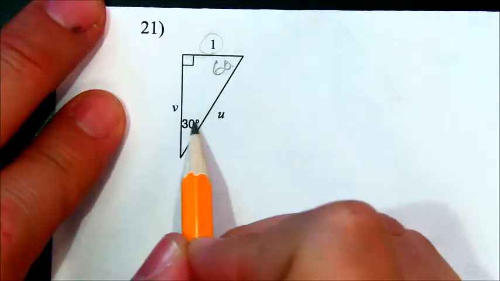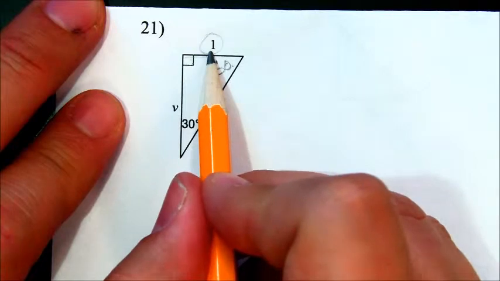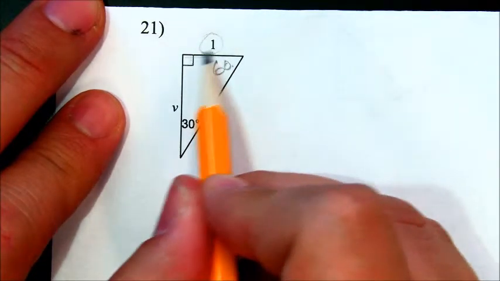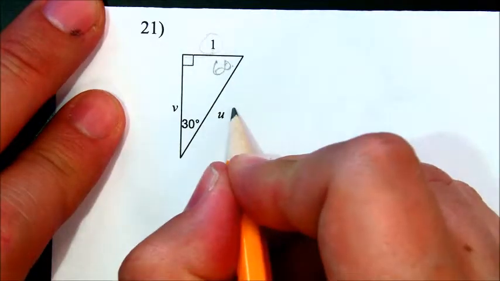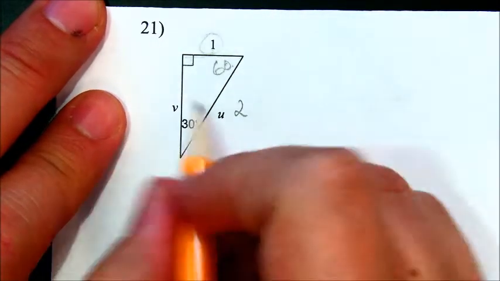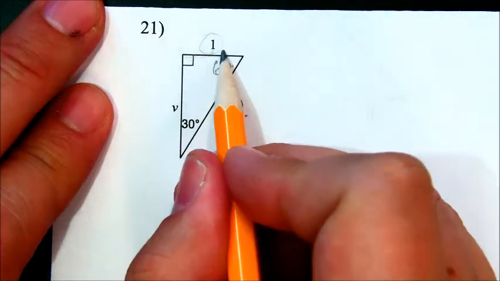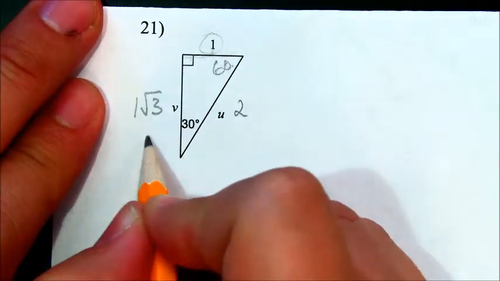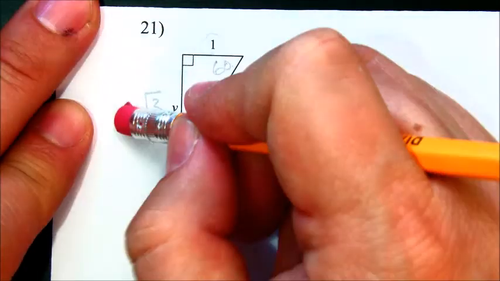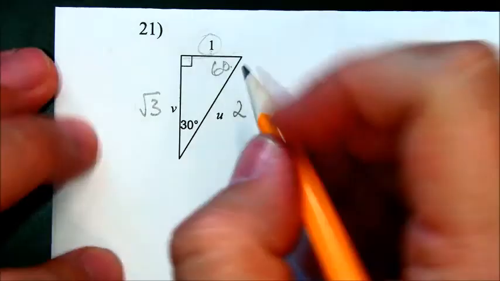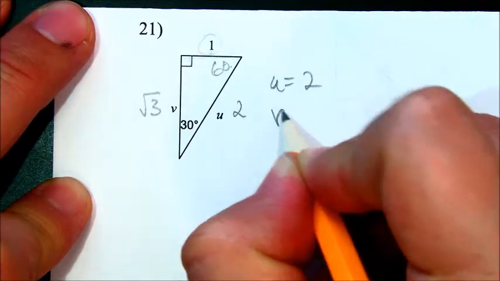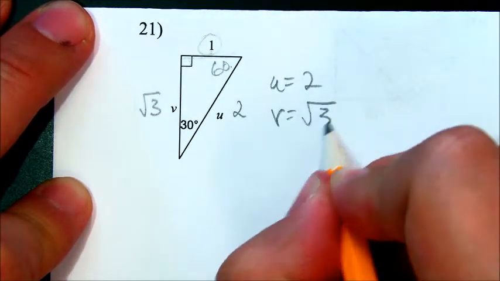Well, in a 30, 60, 90 triangle, I know that the hypotenuse is always twice as long as the shorter leg, so 1 times 2, so u is going to be 2. And I know that the long leg is the short leg times the square root of 3, so that's 1 times the square root of 3, or we'd probably just write that as the square root of 3. So u equals 2, v equals the square root of 3.